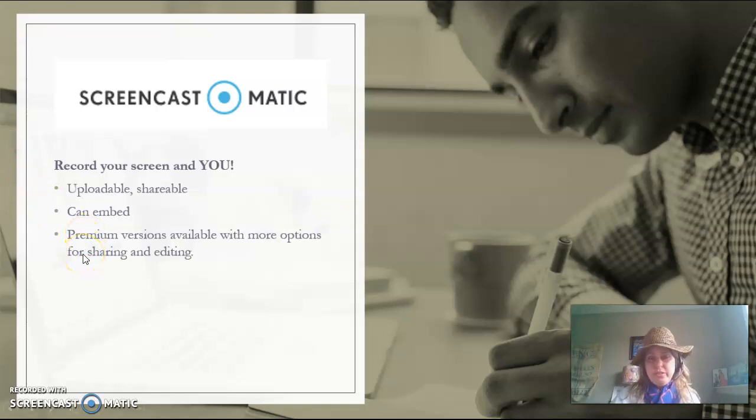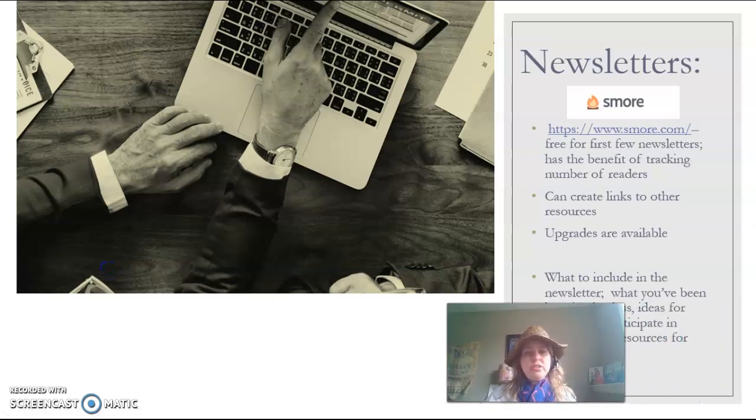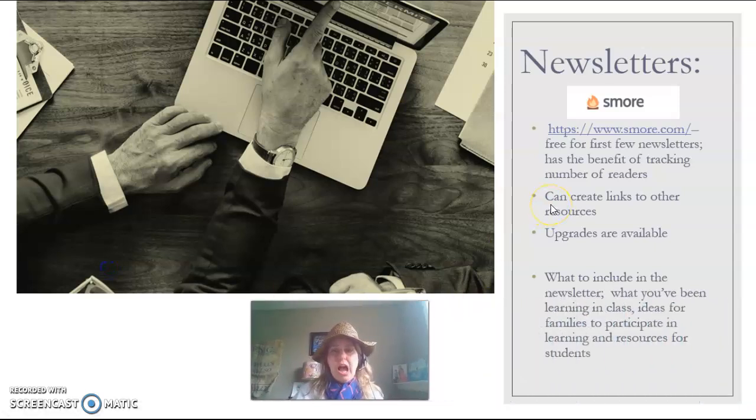Screencast-O-Matic is free. There are premium versions available with more options for sharing and for editing. For me, myself, I have simply stuck with the free versions. As far as newsletters are concerned, I have used S'more in the past for creating newsletters. The first several newsletters are free.